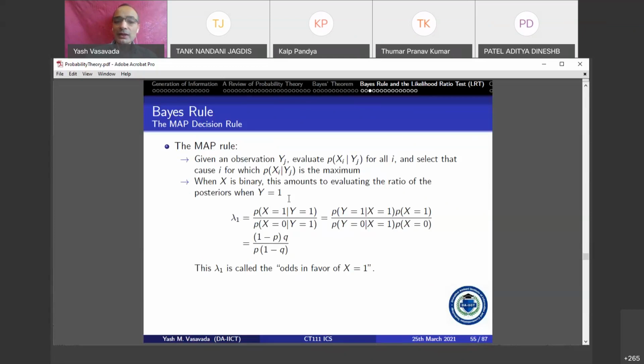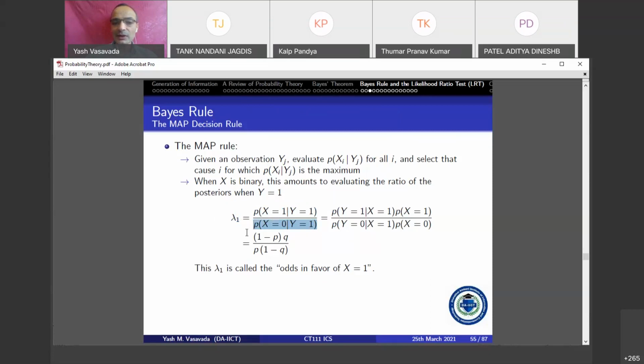And so what we are going to do, at least for the binary case, is we will evaluate this ratio. And that ratio we are going to call lambda 1. Why lambda 1? Because we are evaluating the ratio of the posterior when we have received y equal to 1. So this 1 in lambda 1 is because we are saying y is equal to 1. And we are taking the ratio of the posterior x equal to 1 versus x equal to 0.